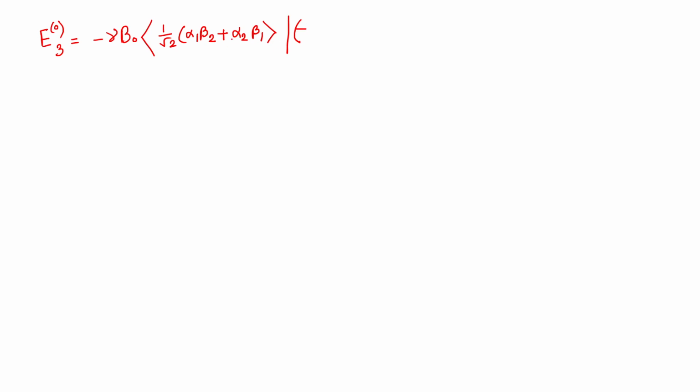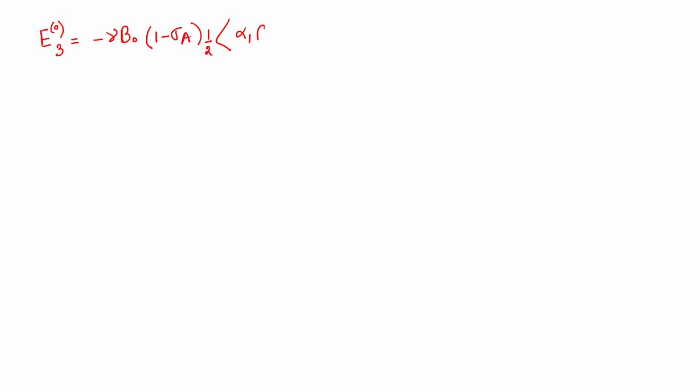I can take this as a common thing, so I will take the shielding constant outside. And both will contain 1 by root 2, so I will keep it here.